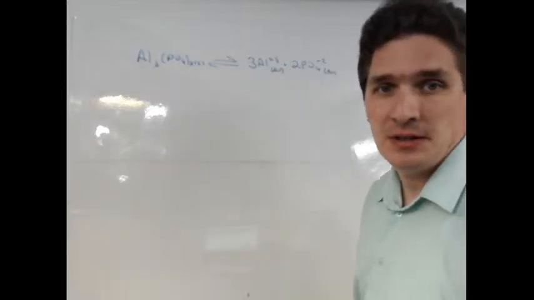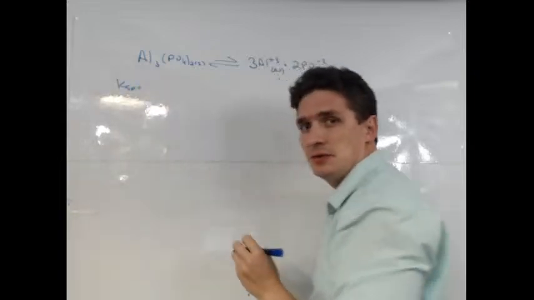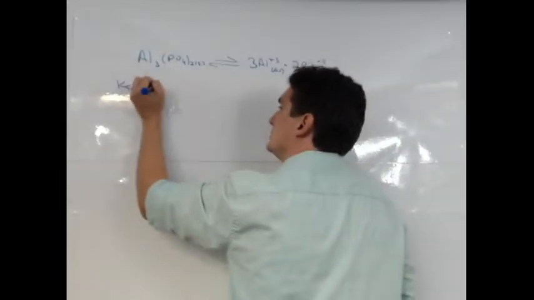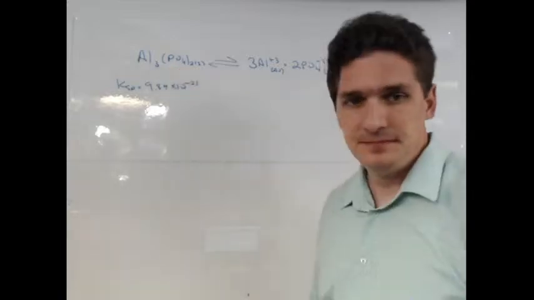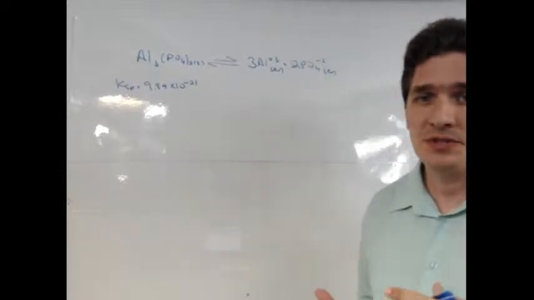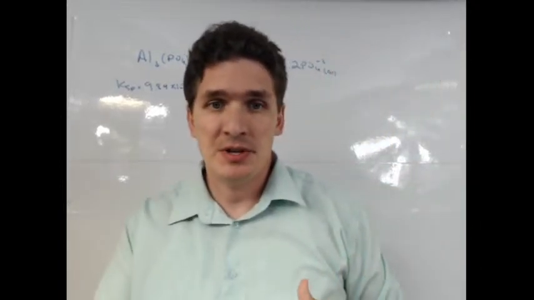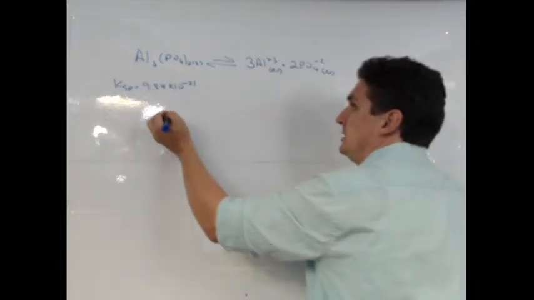And you're given that the KSP itself equals 9.84 times 10 to the negative 21. So to solve the first point, what's the concentration of aluminum phosphate at equilibrium? Again, you're going to need 3 things.